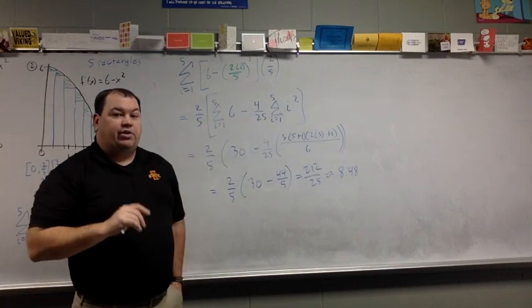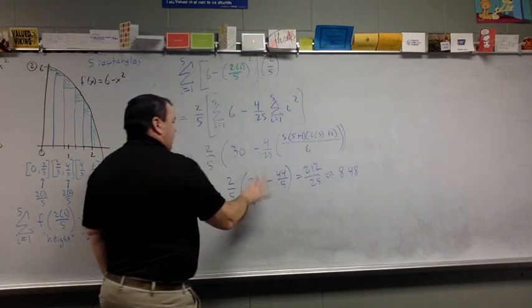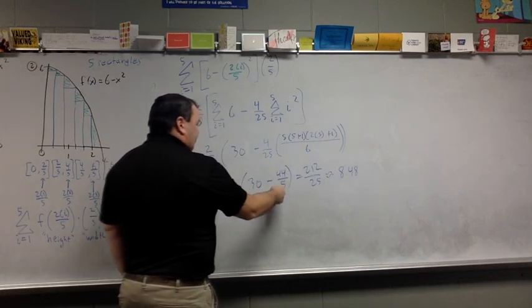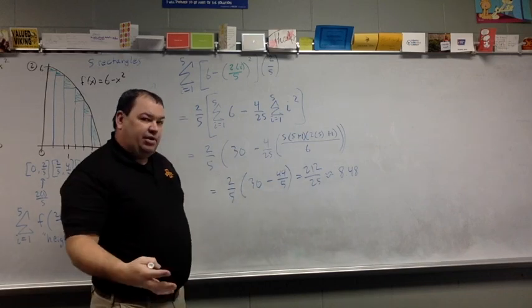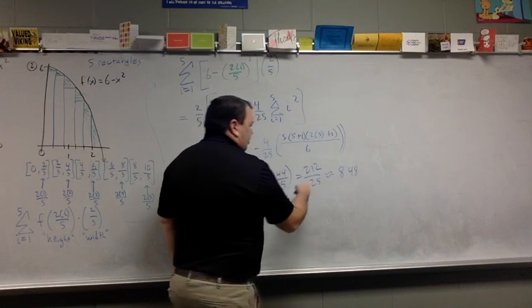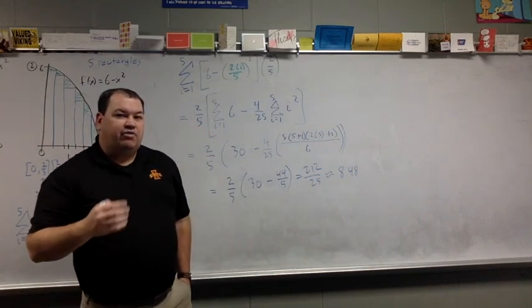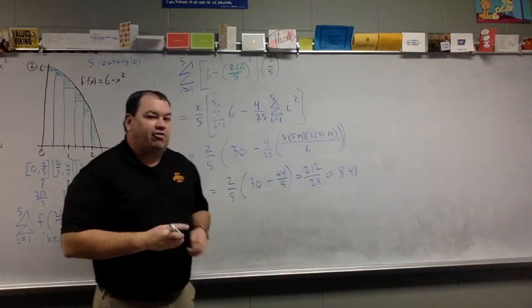There are 5 rectangles. So I did some algebra here. I simplified it. I got 44/5. I subtracted these two things with a common denominator and multiplied the 2/5 in. I got 212 over 25, which is roughly 8.48 or 8.5.